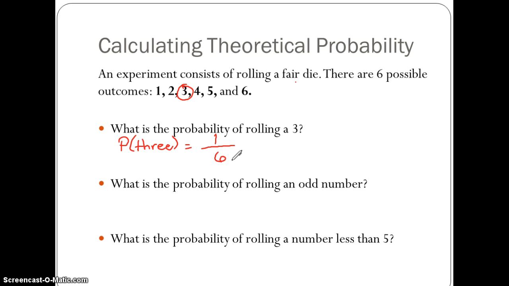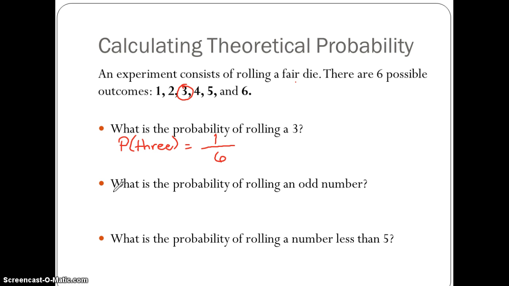In theoretical probability, it's assuming everything has a fair chance. You have your total of 6 outcomes, but how many of them are 3? And that is only one. Again, I want you to write the word 3, because sometimes you might just think 3 and automatically put a 3 over 6, which we do not want you to do.